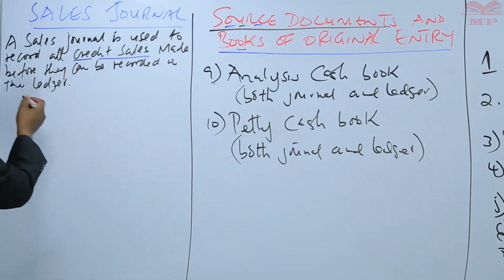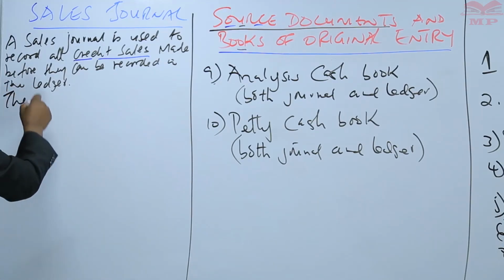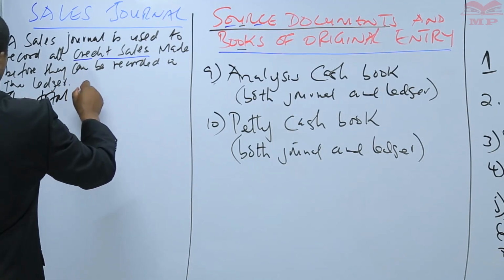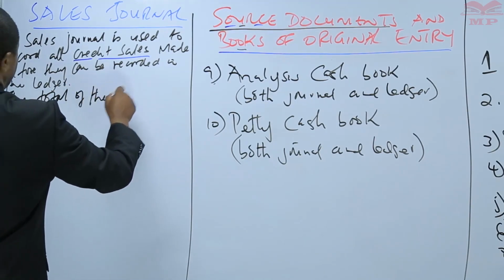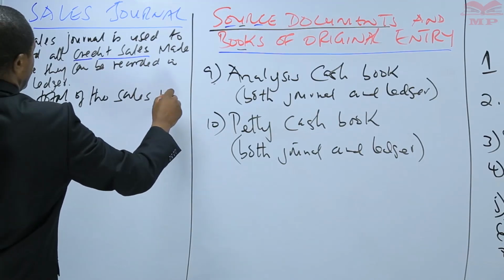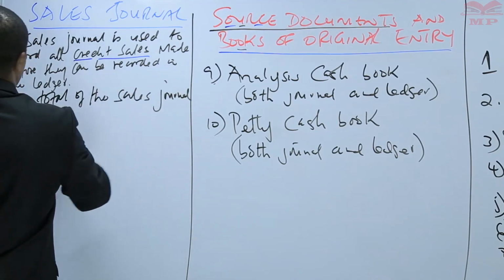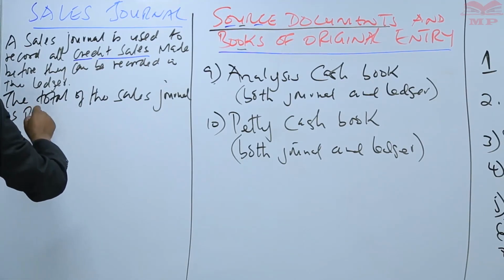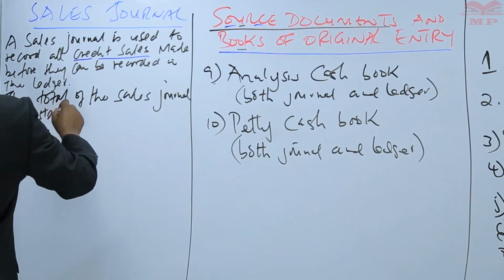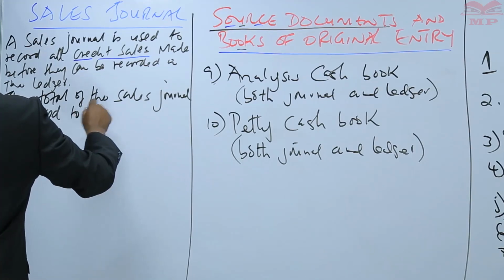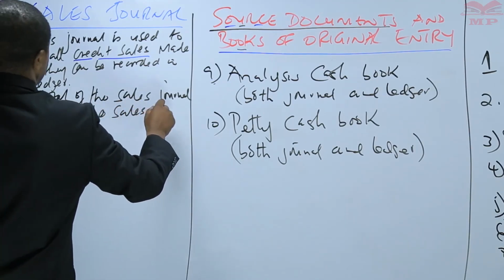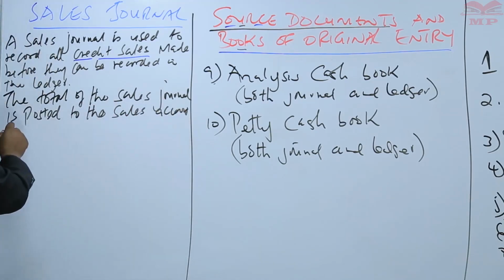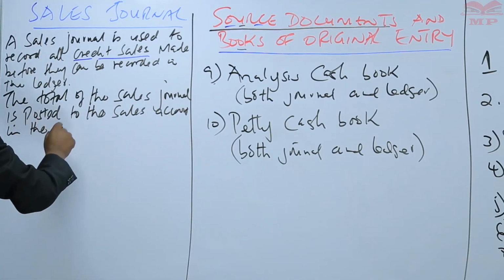Now, you can put down another important sentence: the total of the sales journal is posted to the sales account in the general ledger.